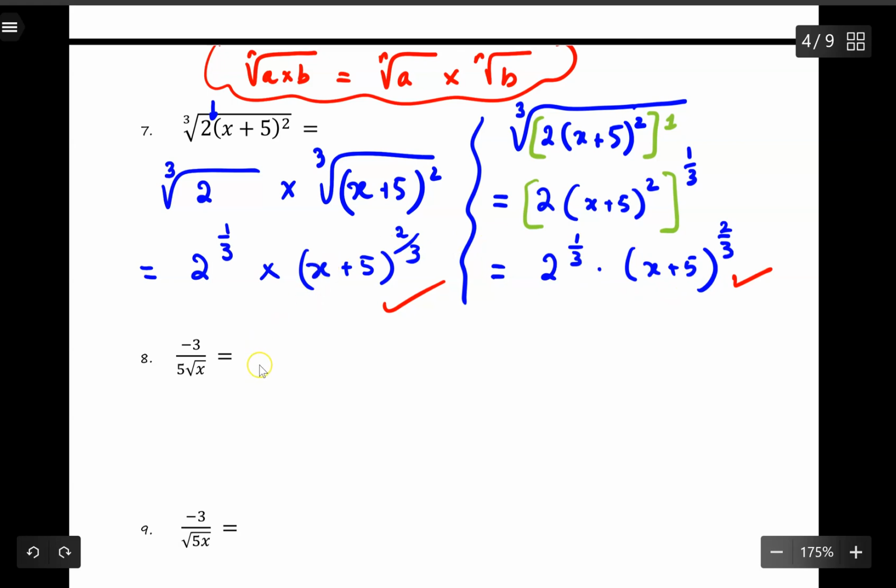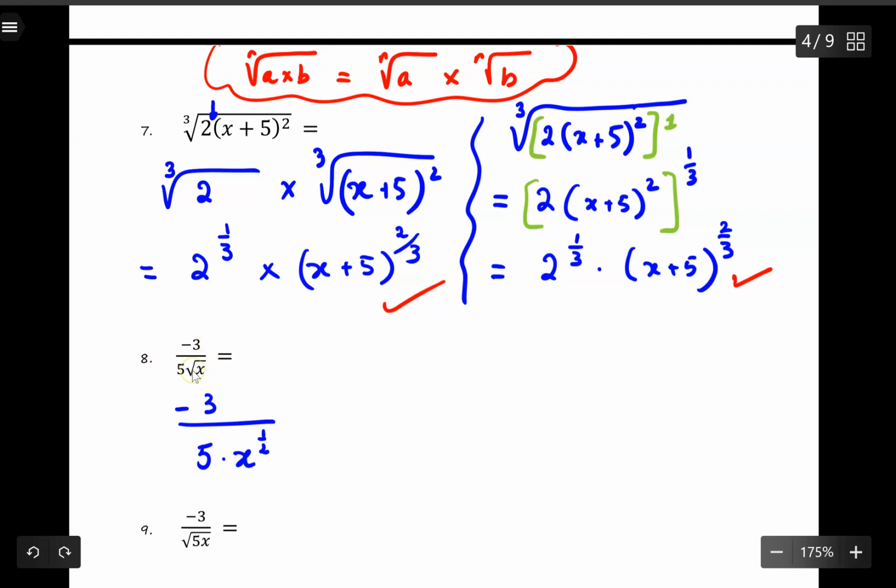Okay, so for number 8, this is actually very important. The number 5 is the denominator, and you must leave that as a denominator to avoid any unnecessary mistakes. I recommend everyone do this step before you start bringing the x to the numerator. So you want to analyze your denominator first.